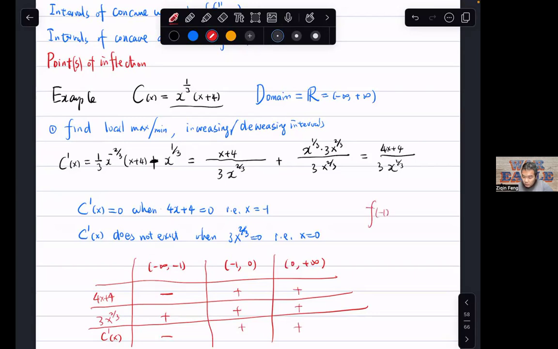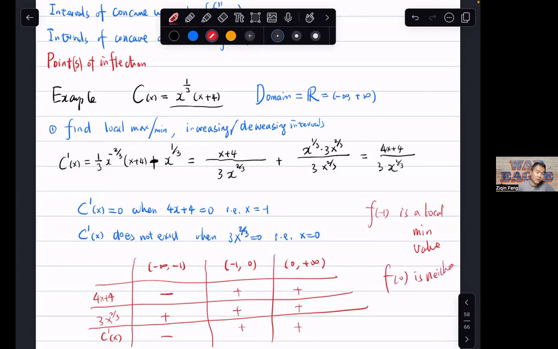So you can see that at f of -1, left side is decreasing, right side increasing, so it is a local minimum value. Now f of 0 is neither. On 0, left side increasing, right side is also increasing.